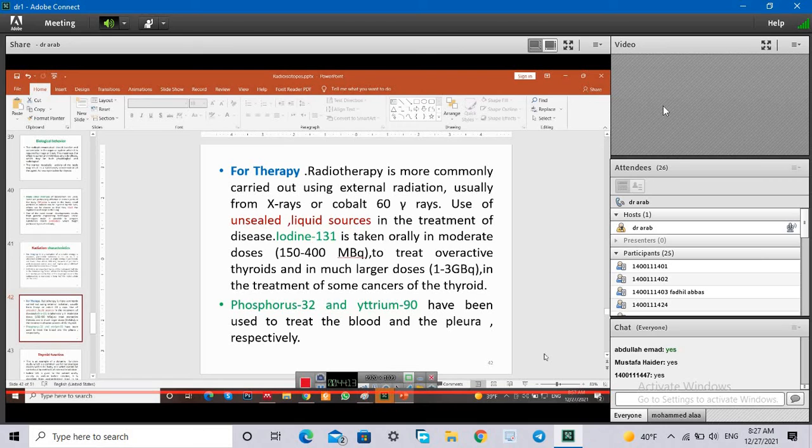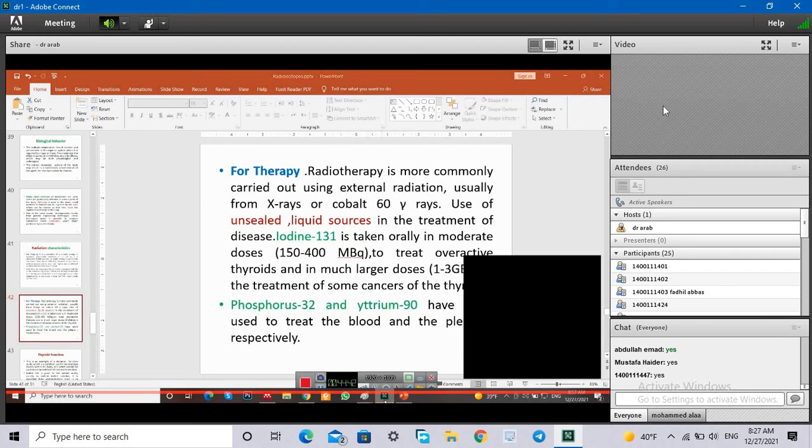Iodine 131 is taken orally in moderate dose, and in much lower dose for treatment of thyroid cancer. Moreover, other radionuclides that we can use for therapy are phosphorus 32 and yttrium 90. And there are other radionuclides that we can use for therapeutic aims.